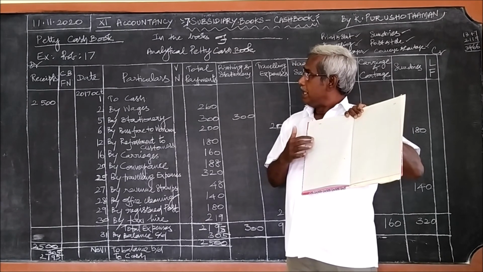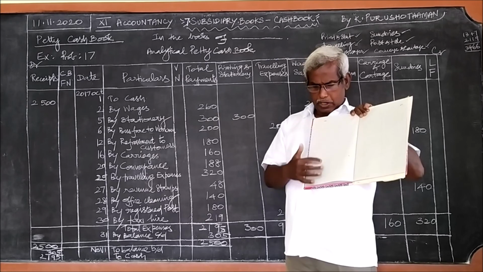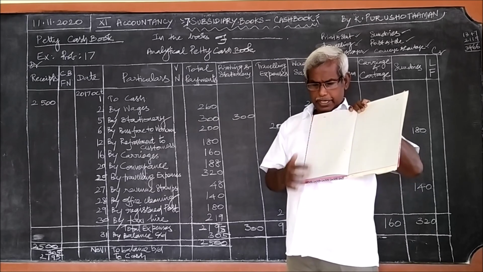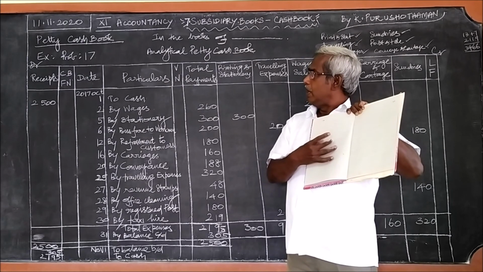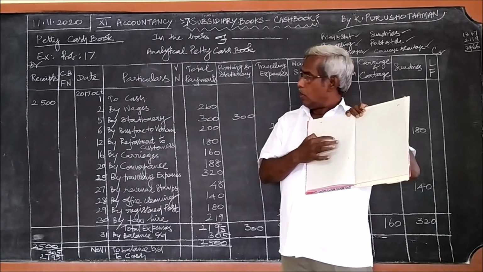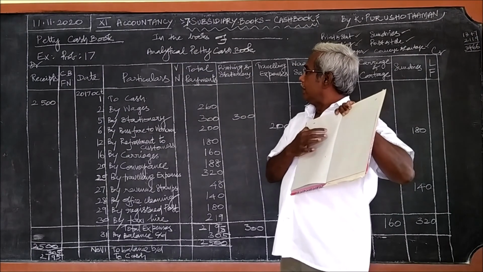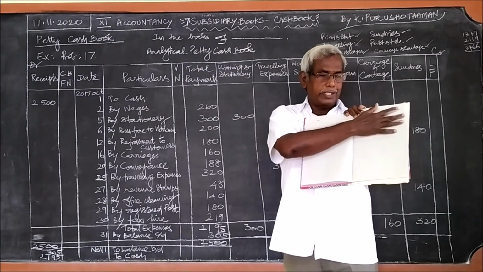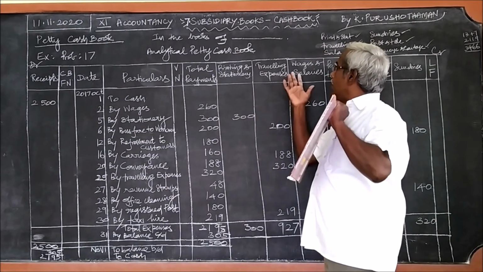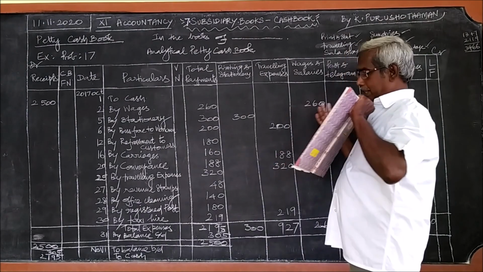Receipt, CDFN, then open a new column, date, then the remaining space for particulars, then voucher number, then this is for total payment. Afterwards, you divide the remaining space, what are the number of columns required for it.